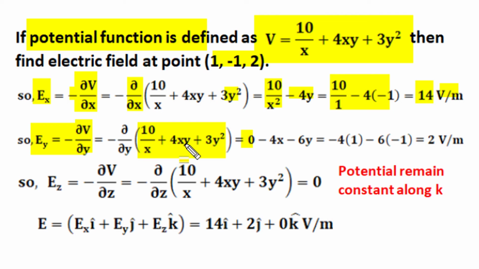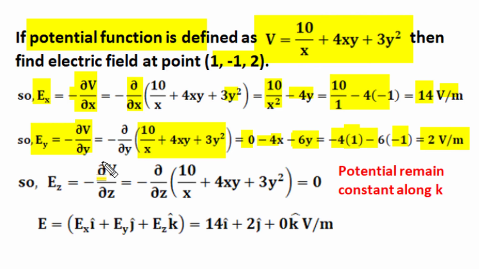Similarly, 4xy when differentiated with respect to y results in 4x, and with this negative sign it is -4x. Y square when differentiated with respect to y gives 2y, and 2 threes are 6, it is 6y with negative sign. And for x equal to 1 and y equal to -1, the value is calculated as 2 volt per meter along the y direction.